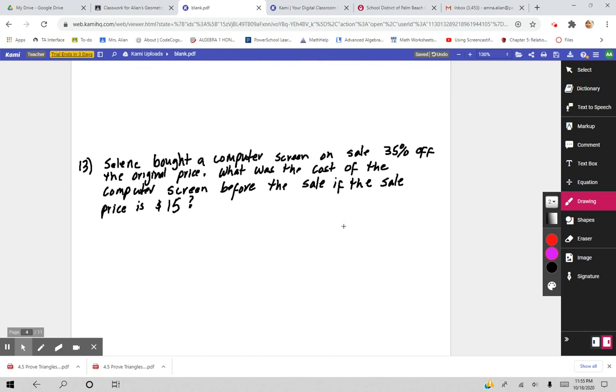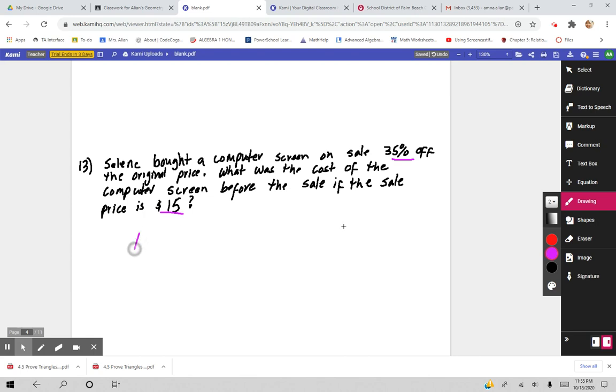Celine bought a computer screen on sale 35% off the original price. What was the cost of the computer screen before the sale if the sale price is $15? So she only paid $15 after a 35% discount. So we need to find the original amount, the original price.